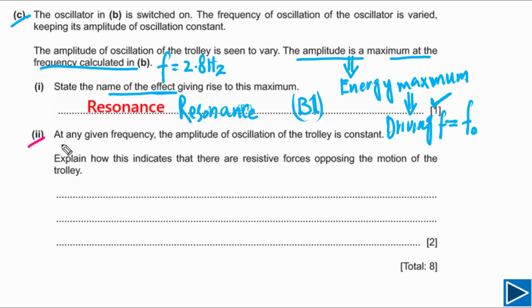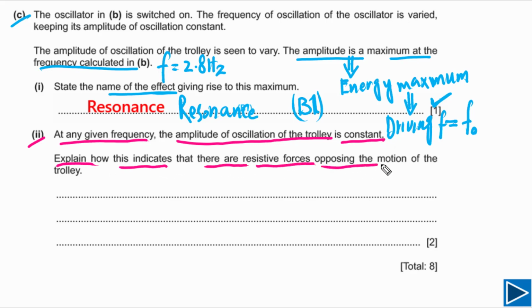For part C2, it is given that at any given frequency, the amplitude of oscillation of the trolley is constant. We need to explain how this indicates that there are resistive forces opposing the motion of the trolley. First thing to understand is that the amplitude of the trolley's oscillations is constant. It means that the energy of the trolley and spring system is constant, but the oscillator is providing energy continuously to the system.